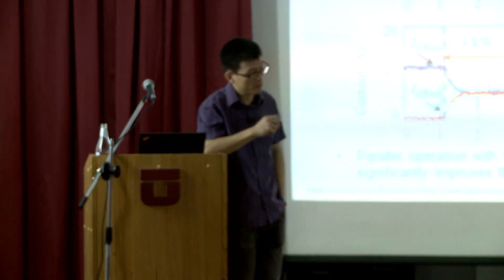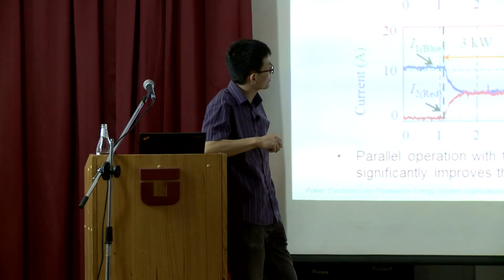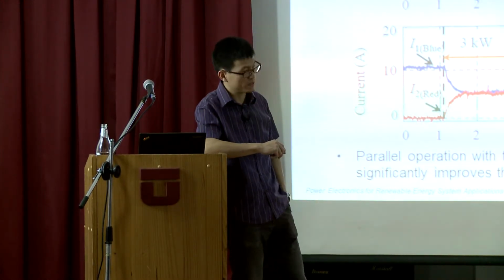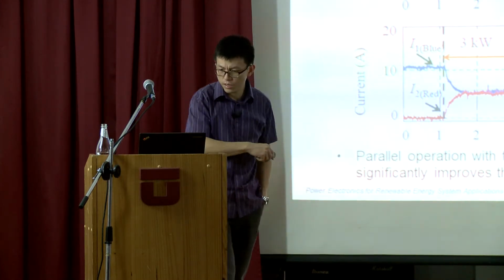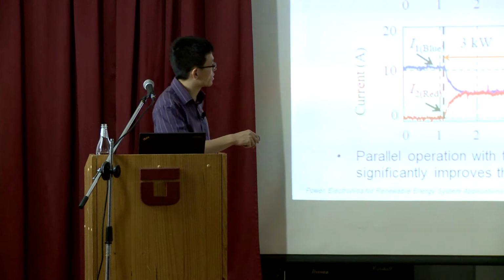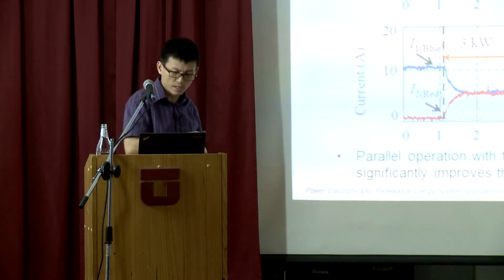If we have only 1 converter, the system will not be stable at 6 kilowatts. But for this current mode testing with fixed Ki, you can increase to 7 kilowatts with no problem at all.